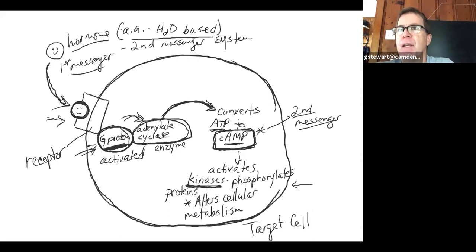This is a very typical second messenger system, but it's not the only one in the human body. So I'm just going to mention, we just saw what a G protein can do.